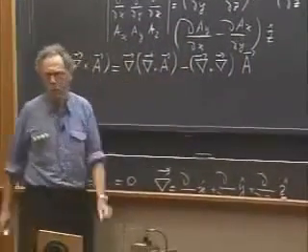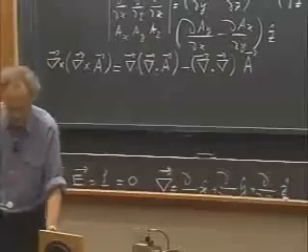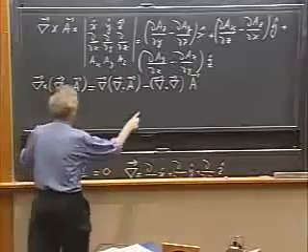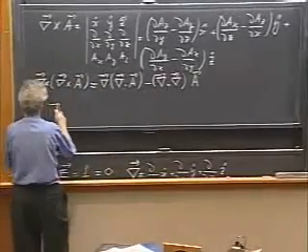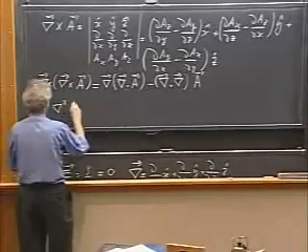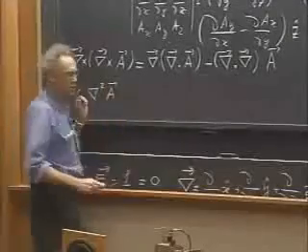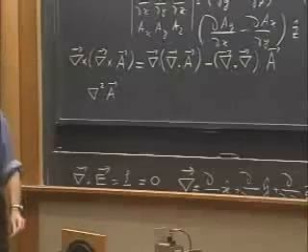And this we often write simply as del squared. So for this we write del squared of A, and this is also called the Laplacian.